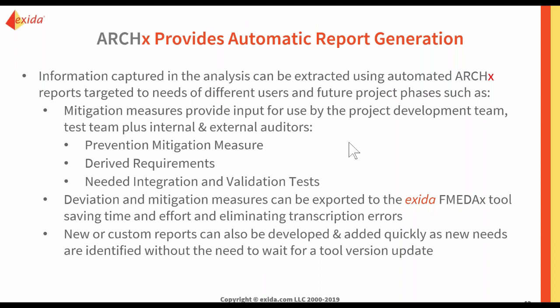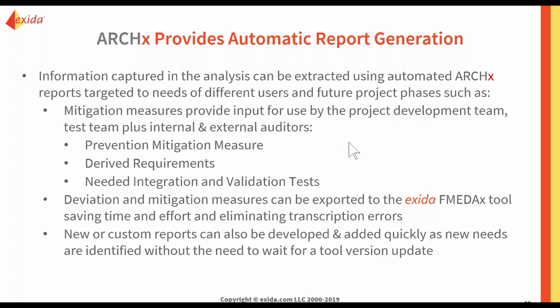The bottom line is that ARCHx provides automatic report generation. There are many predefined reports available in ARCHx, and all the information captured in the analysis can be extracted using the automatic ARCHx reports. There are mitigation measures to provide input for use by the development team and your functional safety and cybersecurity auditors.